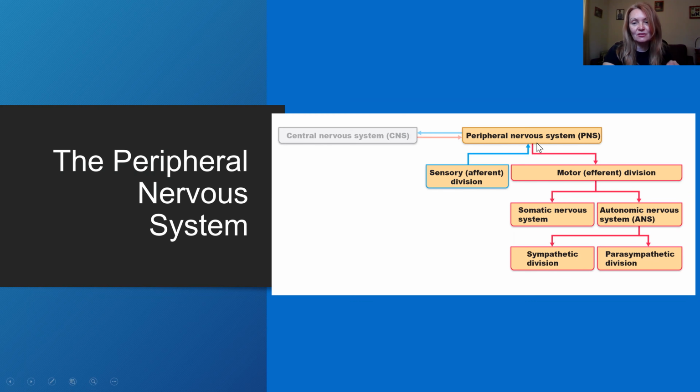That's why the peripheral nervous system is divided into the sensory or afferent division and the motor or efferent division. Now, the sensory division, it's not shown over here, but it also has somatic sensory and visceral sensory divisions. So the somatic sensory division is the information that reaches your consciousness.